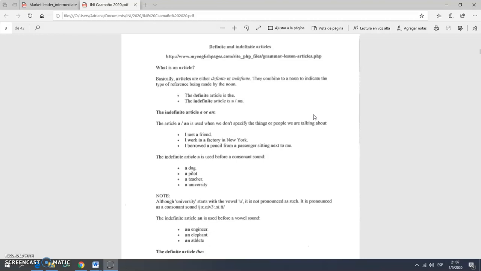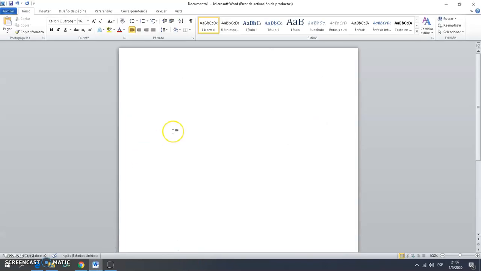But sometimes you have to be careful because you have examples such as a university. Let's use a blackboard. If you say a university, is this right or wrong? It is perfect, yes, and this is a vowel, right?